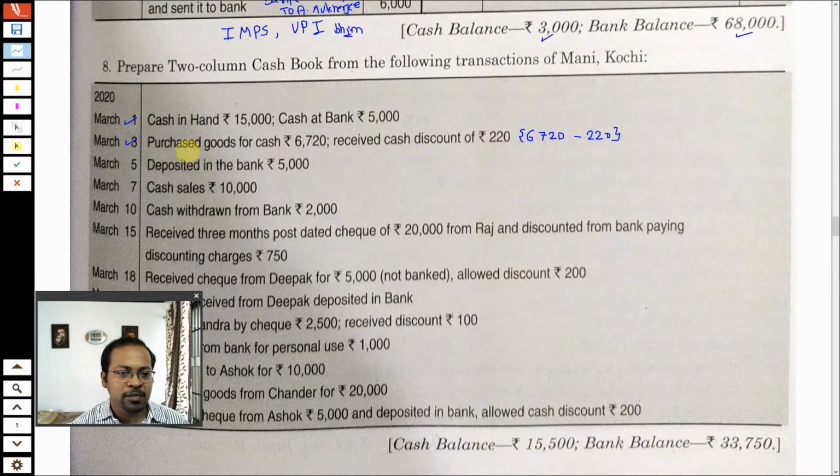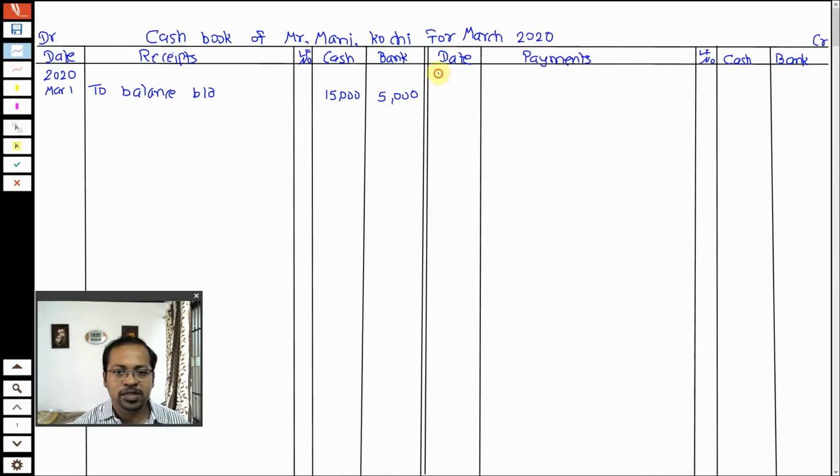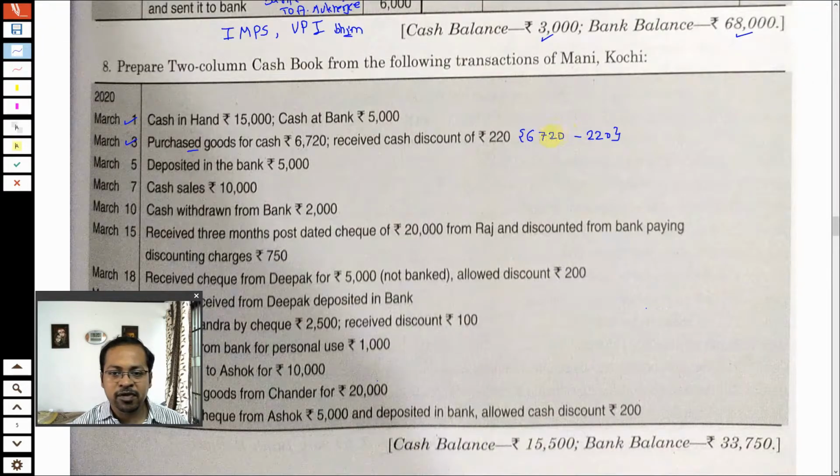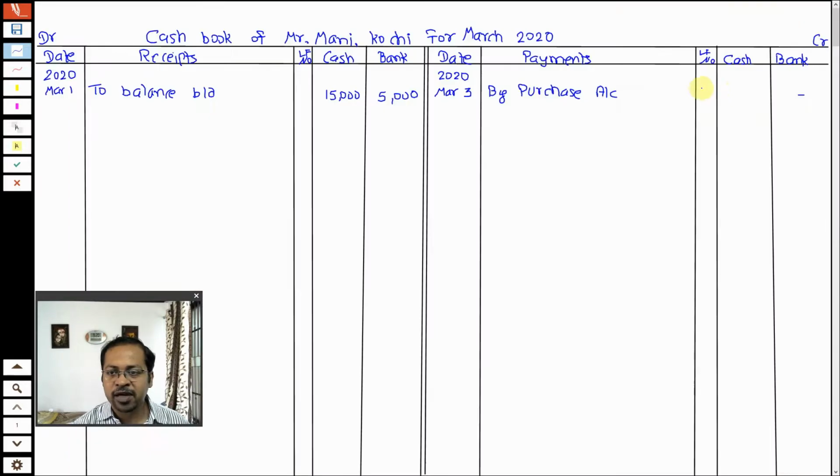So when I purchase the goods for cash, the entry is clear. Cash is going out on March 3. And debit is purchase account. So by purchase account, and in cash we will write 6720 minus 220, so it is 6500.